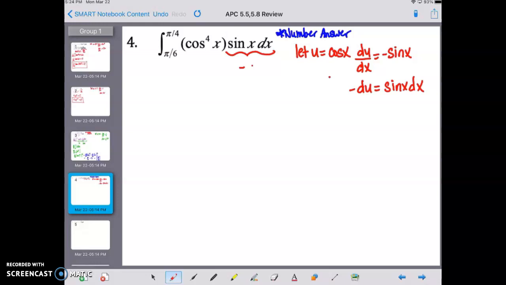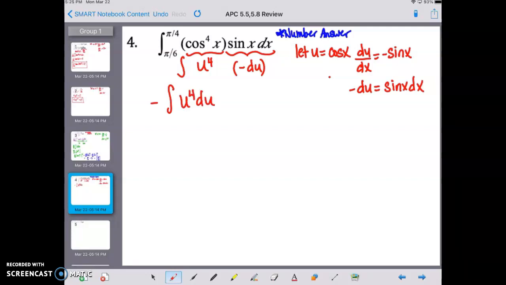So I know that this part is equal to negative du. And then if I let u be cosine x, if I have cosine to the 4th power of x, this is just going to be u to the 4th power. So I'm going to pull my negative sign out in front of my integral. So I have negative the integral of u to the 4th du.